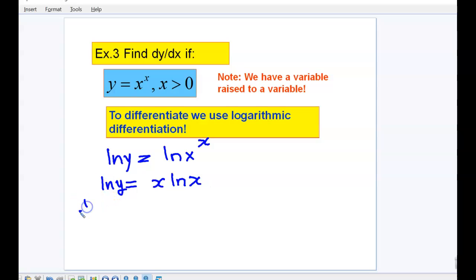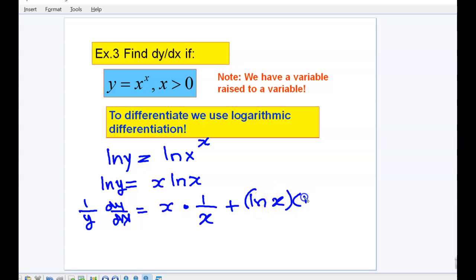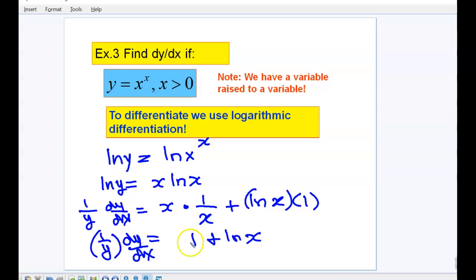So the derivative of ln y would be 1 over y times the derivative of y, which would be dy/dx. And on the right-hand side, I would have to use the product rule. So it's the first function times the derivative of the second, plus the second function times the derivative of the first. So this ends up being x times 1 over x, which is 1, plus ln x times 1 over y times dy/dx.